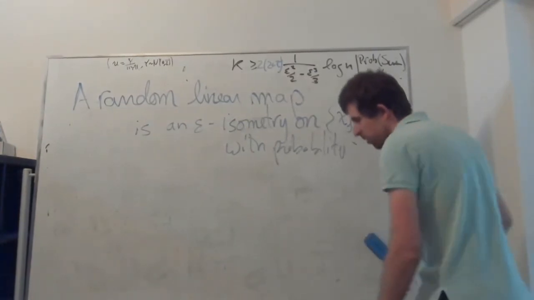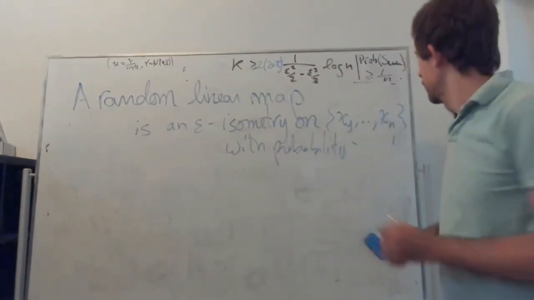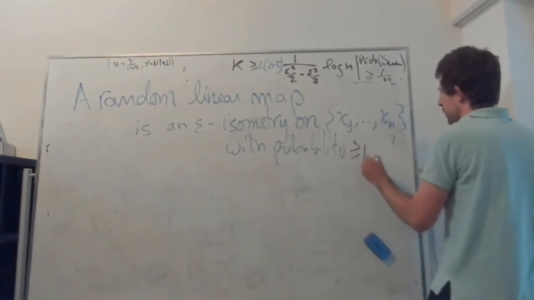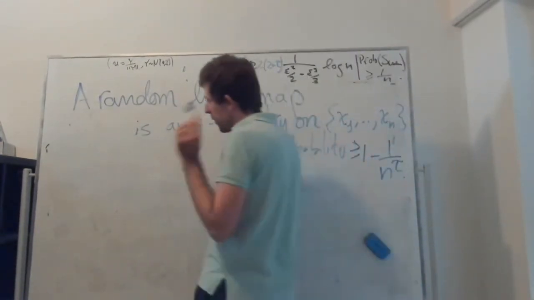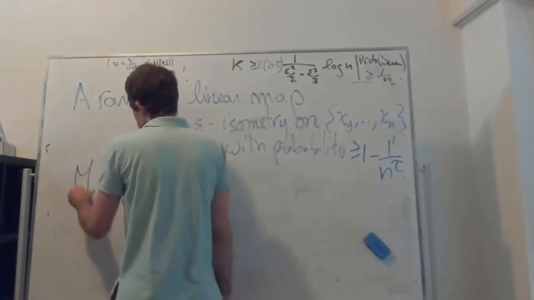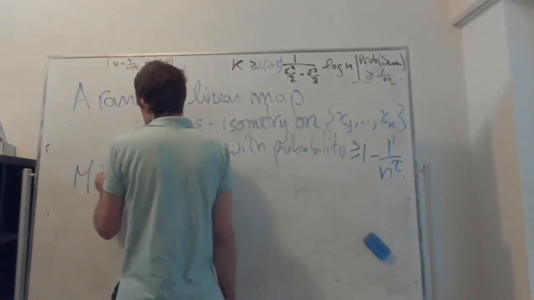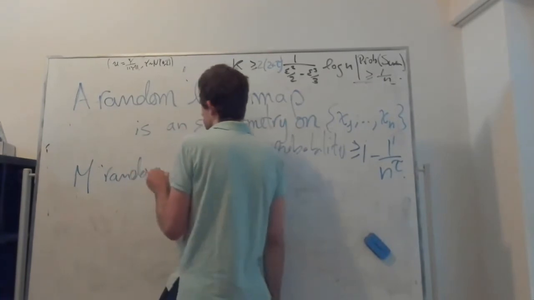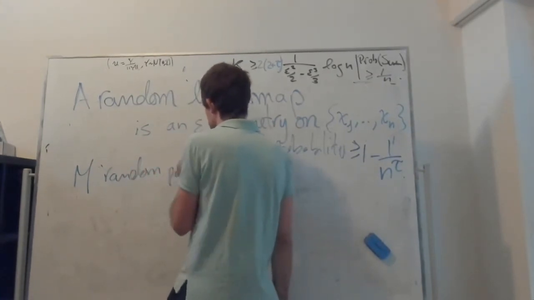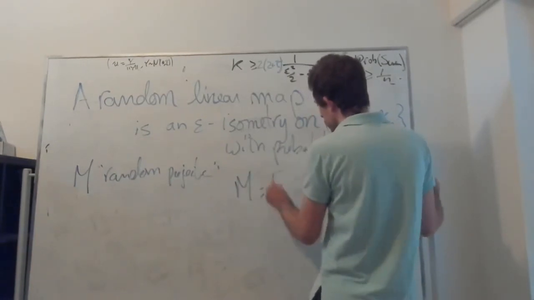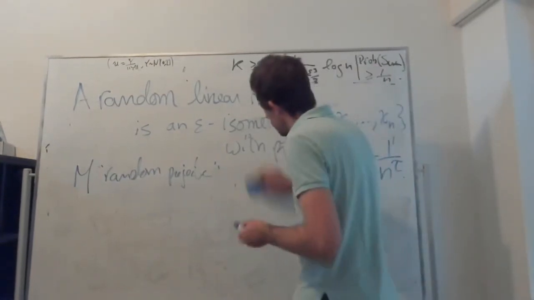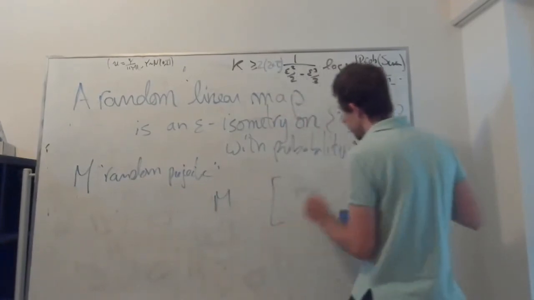Okay, so we drew a random projection F. Let's represent it with the matrix M. Let me draw the matrix.